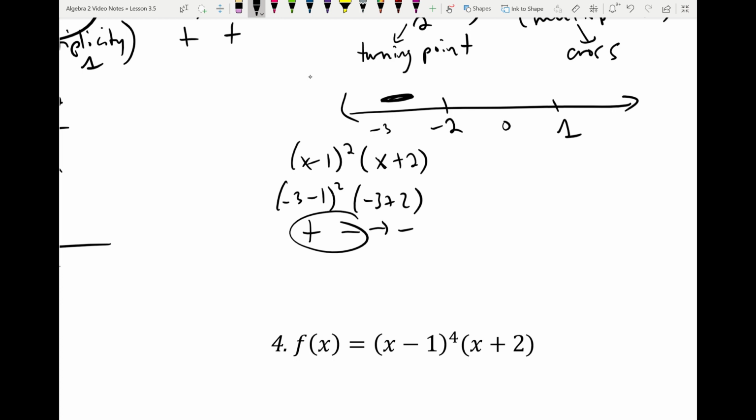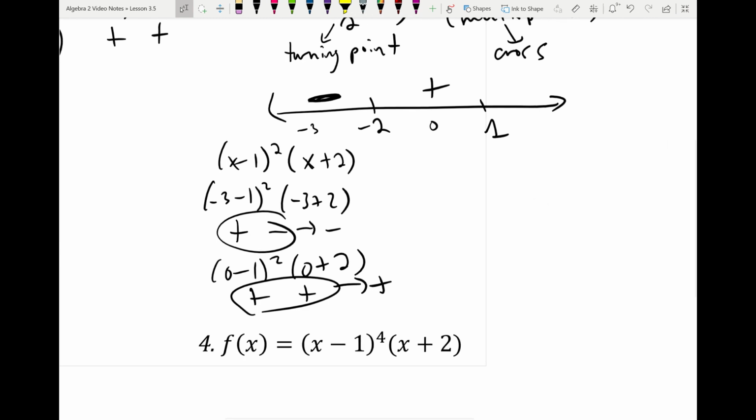Let's plug in like 0. 0 minus 1 squared, 0 plus 2. We have a positive times a positive, which is a positive. I know I'm kind of going quickly through this, but it's really not hard to find out on the calculator that it'll give you positive. So now let's do like 2 minus 1 squared, 2 plus 2.